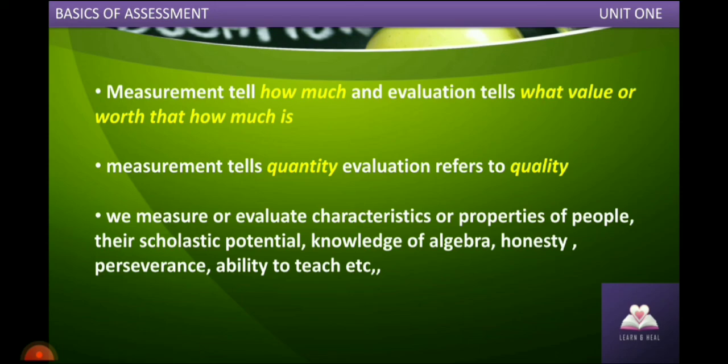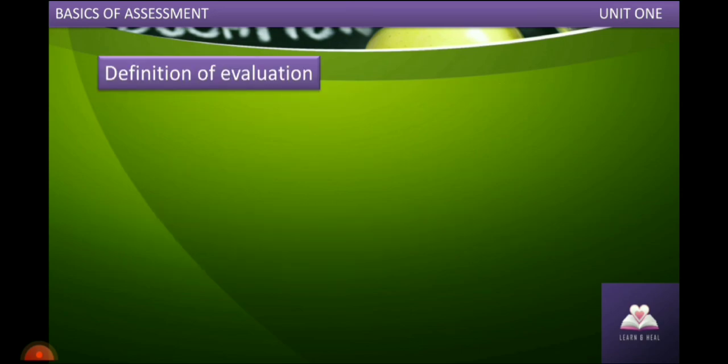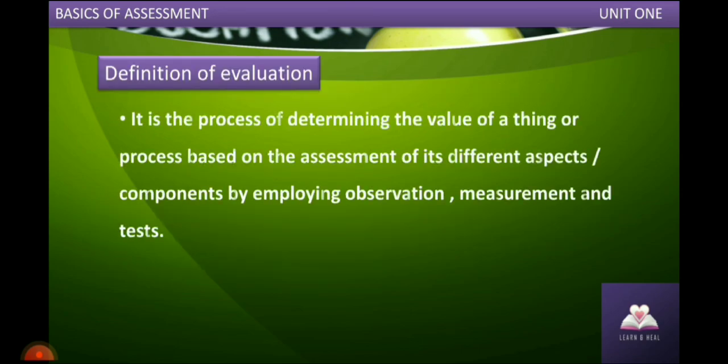We measure or evaluate characteristics or properties of people, their scholastic potential, their knowledge of algebra, honesty, perseverance and ability to teach, etc. All these things we will be measuring or evaluating. And if we look at the definition of evaluation, we can see the definition like this.